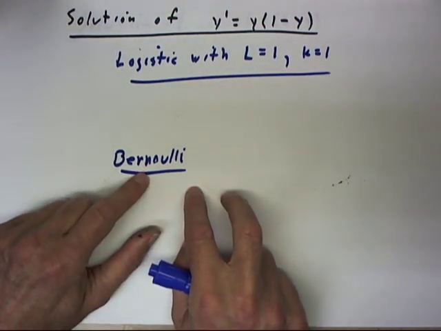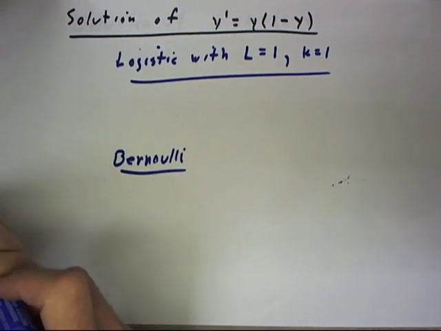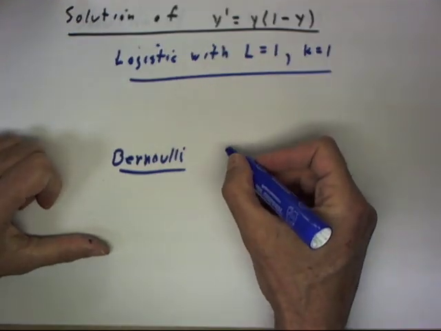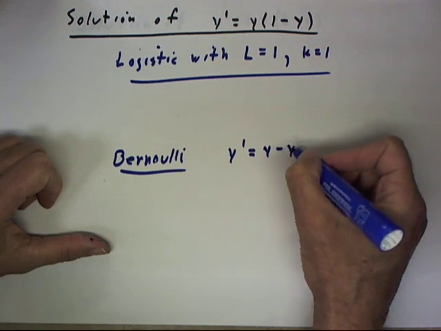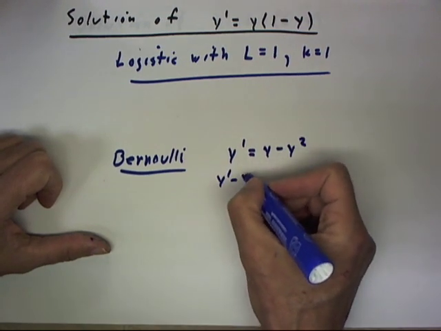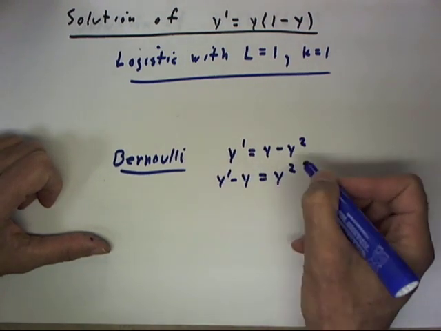Okay, it's also a Bernoulli equation. If we expand this, we see that this is of the form y prime equals y minus y squared, so it's y prime minus y equals y squared.